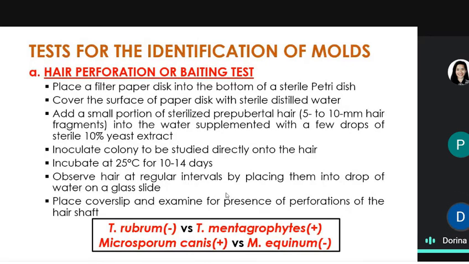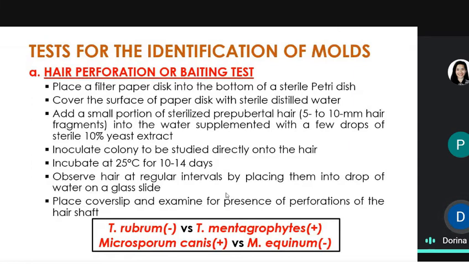In succeeding quizzes, pag meron akong nilagay na ganun and then you put hindi magkakasama dapat na structure into one slide, wrong na lahat yun. Kahit nakuha mo ang isa, dinagdagan mo ng hindi naman kasama doon sa fungi na yun, hindi niya characteristic yun, wrong lahat.